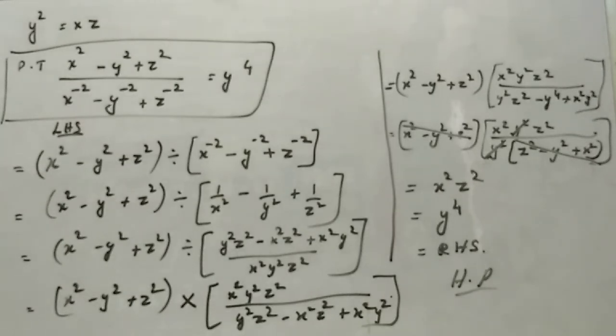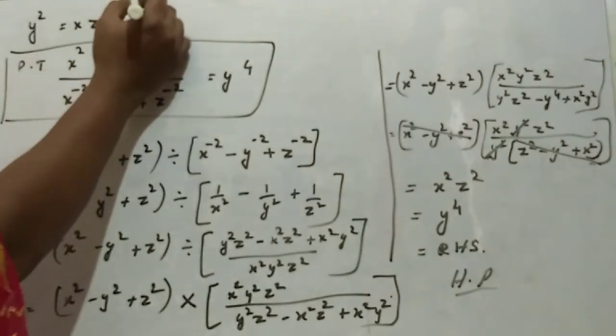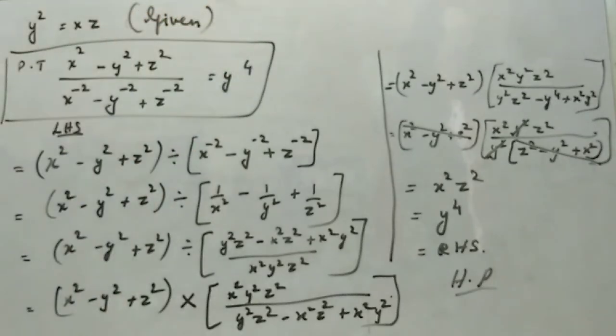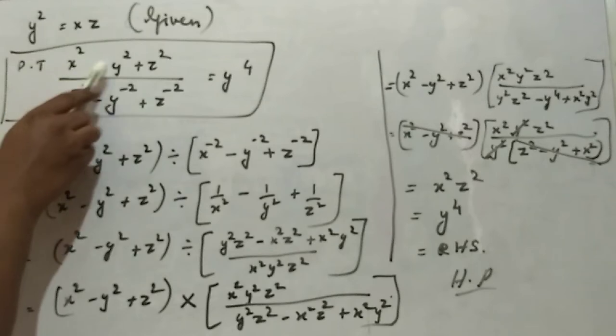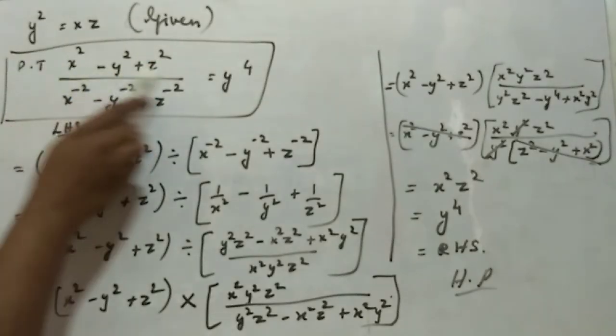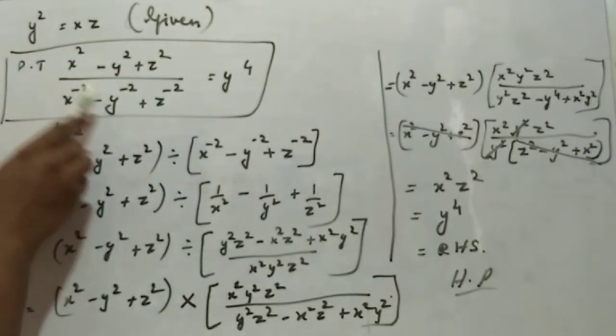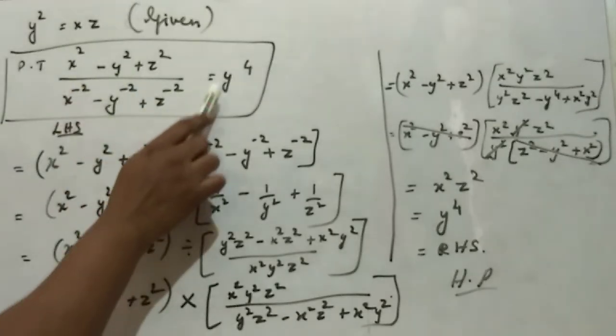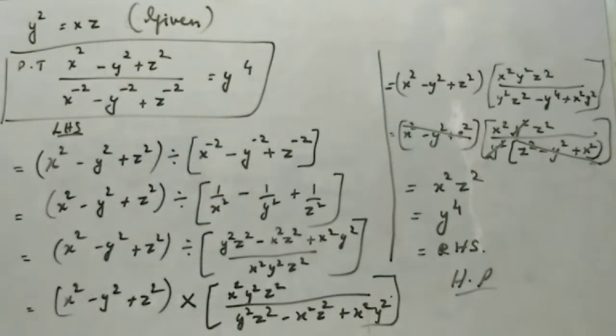Again I will repeat, it is a very important question. They have given y is the mean proportional between x and z. So, y² = xz. It is given. Then prove that (x² − y² + z²) upon (x⁻² − y⁻² + z⁻²) = y⁴.